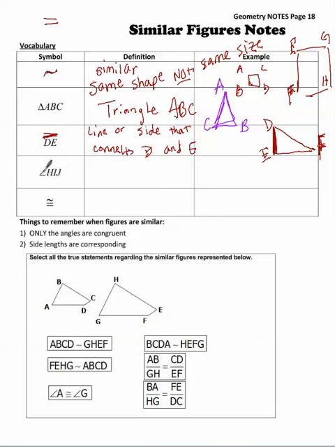And the next symbol, it says angle HIJ. So this symbol that almost looks like a less than symbol means that you have angles connecting points H, I, and J. So here if I draw an example, draw an arrow to make sure it keeps going.